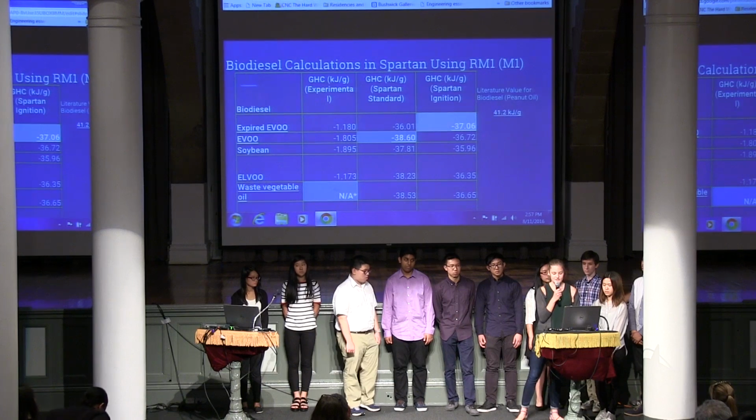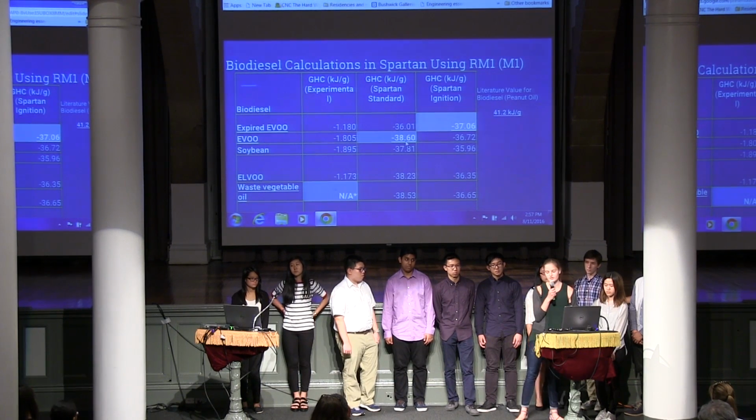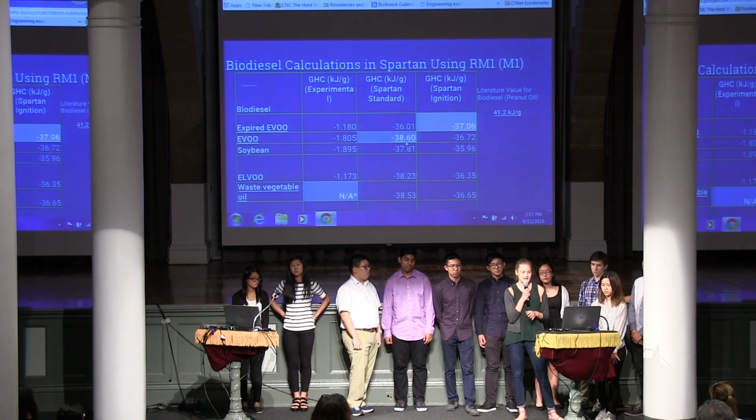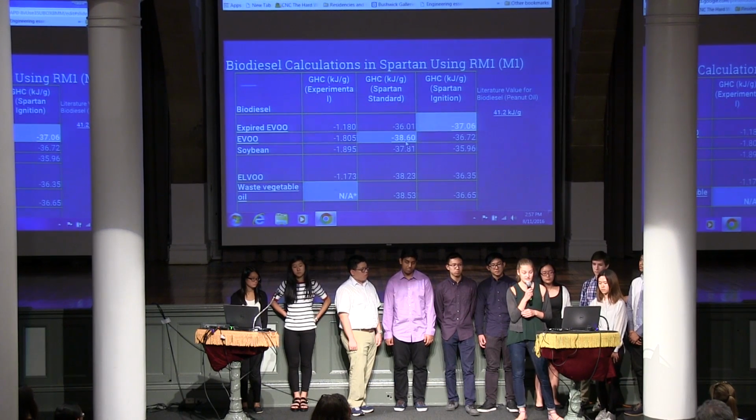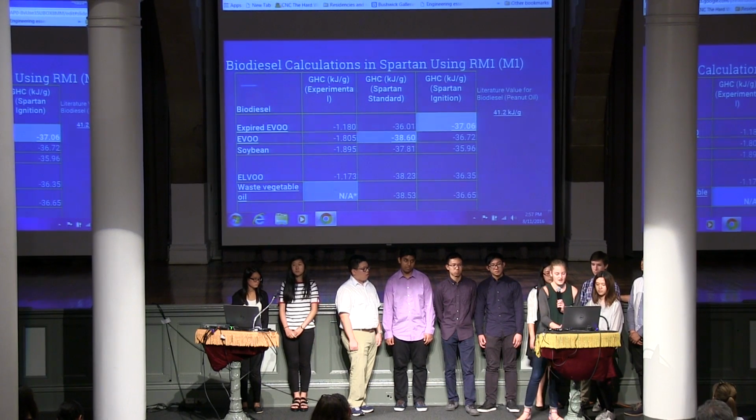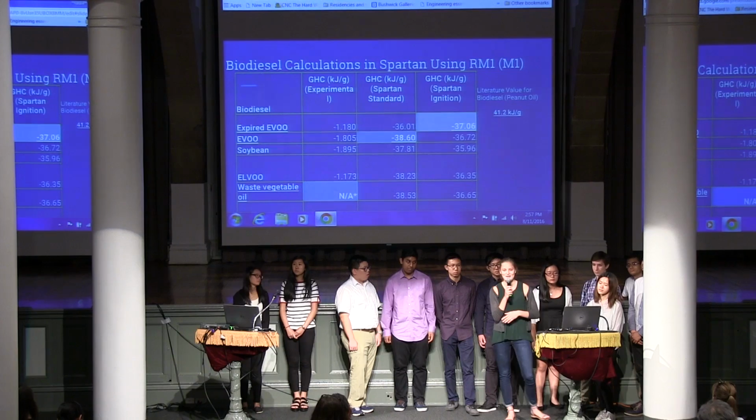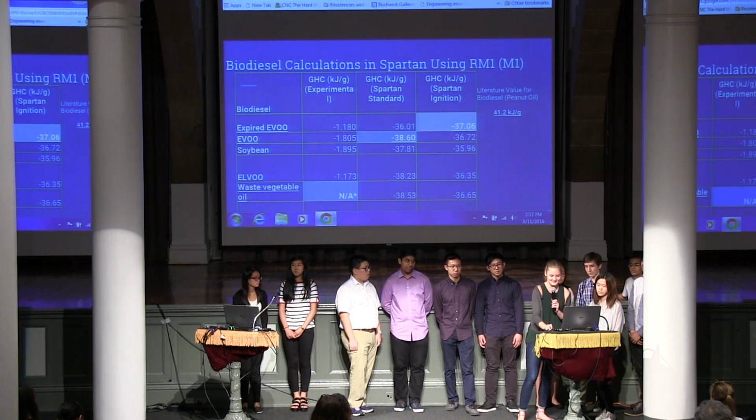But at the standard temperature, the extra virgin olive oil that was not expired did have the highest heat of combustion.